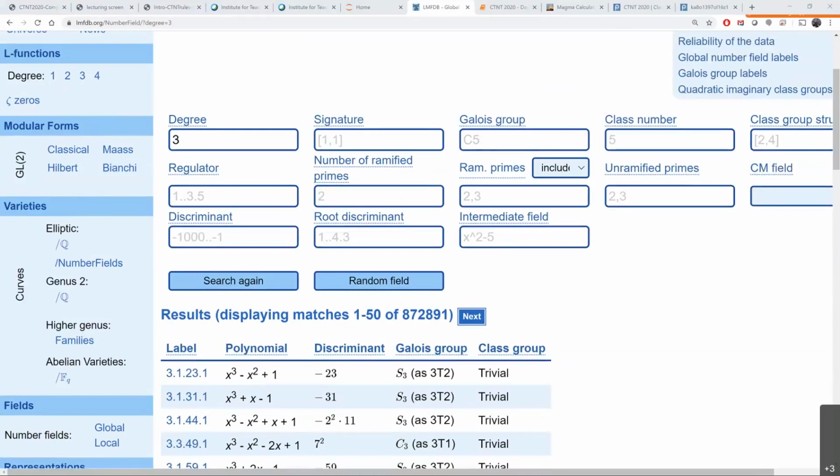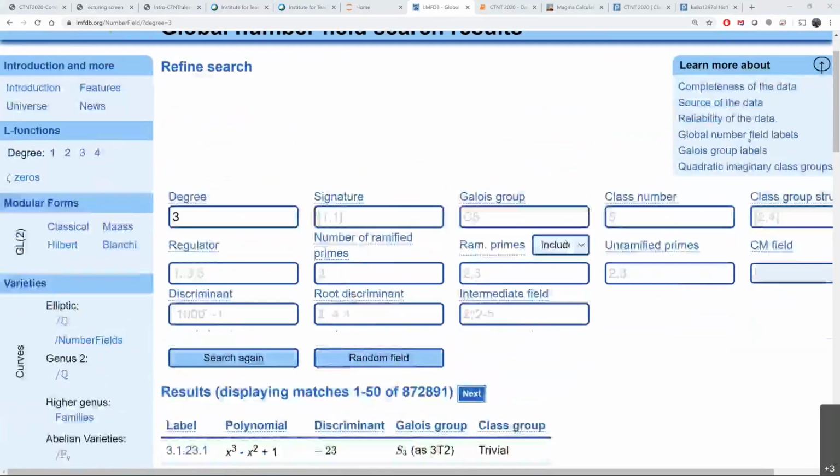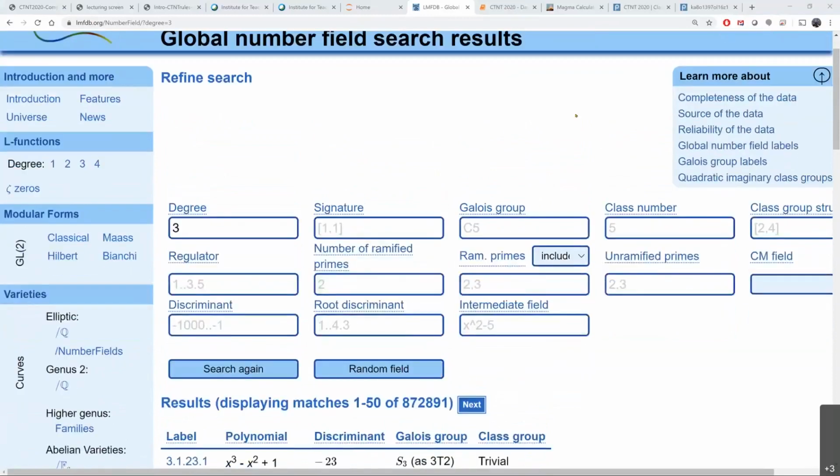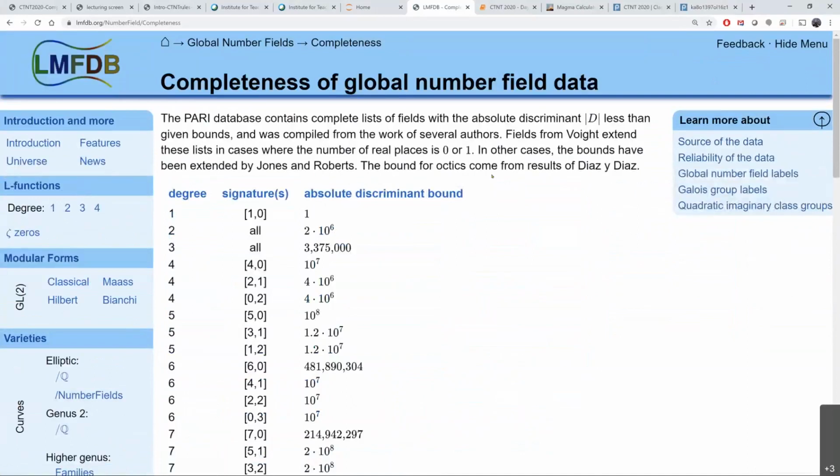Okay, all right, so one of the most important features of the LMFDB is the completeness of the data. The data in the LMFDB is gathered in a very consistent and accurate way, so that we know about the completeness and reliability of the data. If you click on that, the completeness of the data explains how complete the table is. It contains a complete list of fields with absolute discriminant less than given bounds.